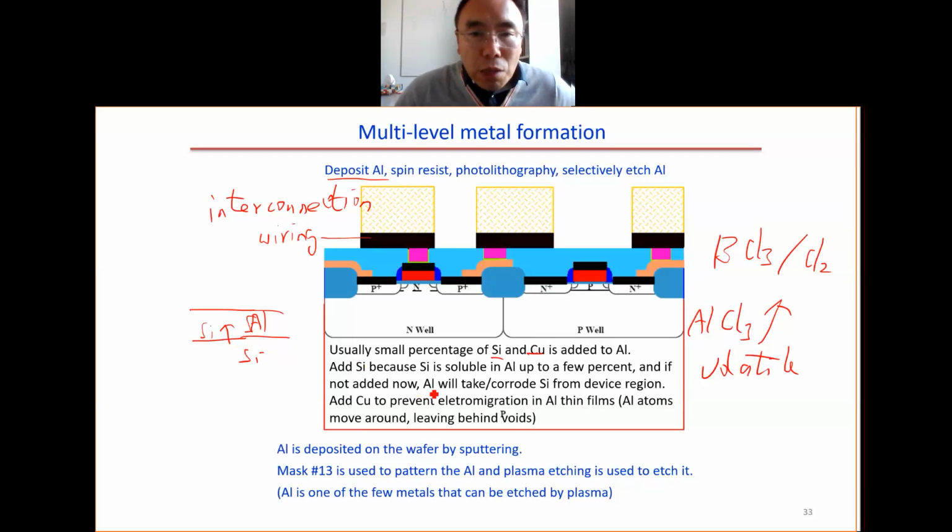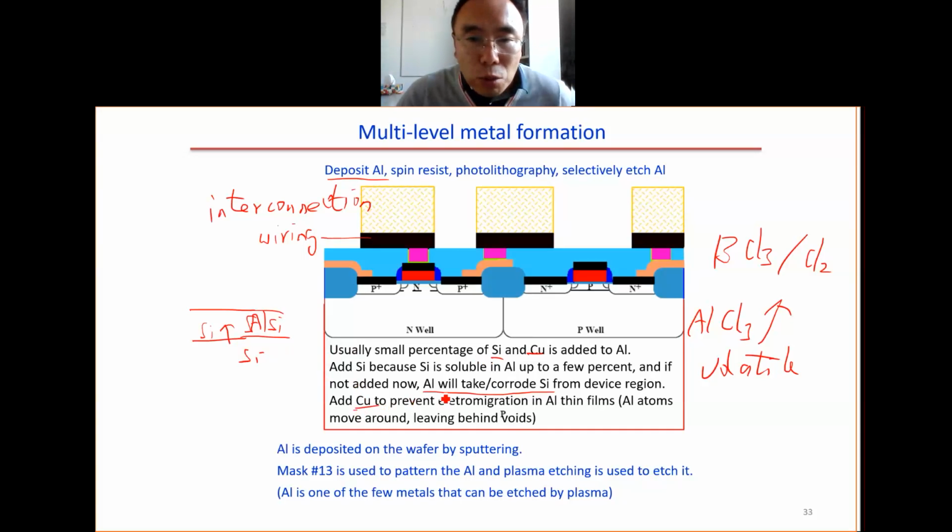This way, aluminum will corrode the silicon from the device region. This is not good. But if we already have silicon in the film, then silicon will no longer come into the film. So we add the silicon to avoid erosion taking away the silicon from the device layer.